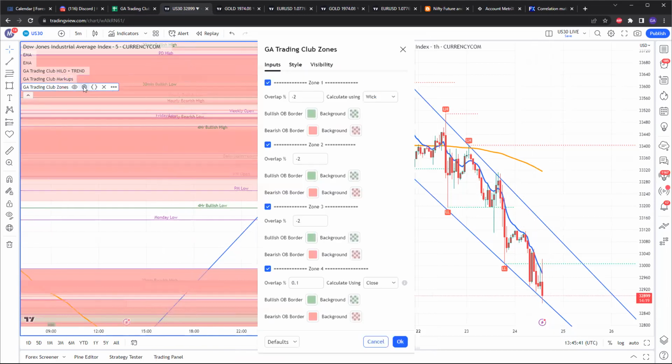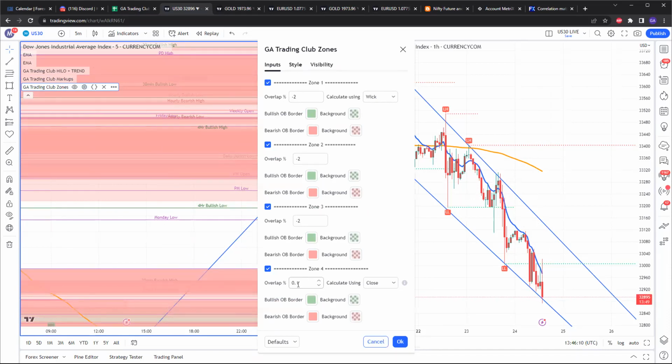Now the zones one is the way you plot the supply and demand zones as I would mark them up. So same thing, right? It's pretty basic. You have bullish order blocks, or bullish and bearish zones where sellers or buyers are. And then of course you have the color coding. Now where it comes to overlapping, you want to play around with values that are -2 to +2, other than zone 4.